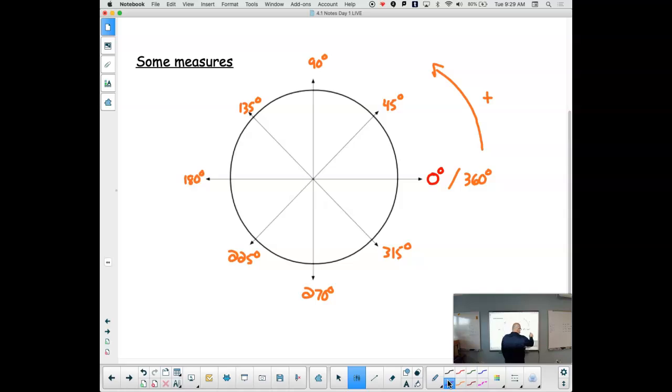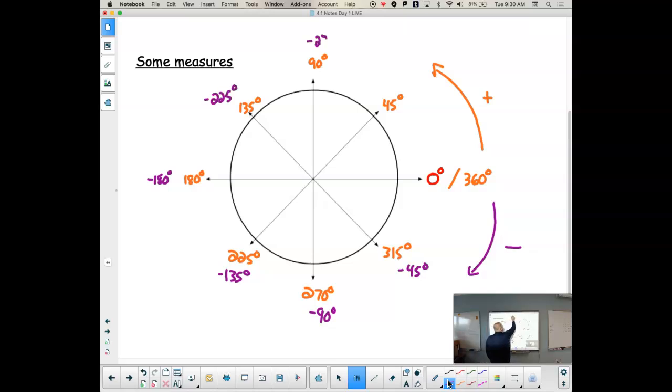We also have the negative direction. We can go around the circle in a negative fashion. So then this would be negative 45 degrees, negative 90 degrees, negative 135 degrees, negative 180 degrees, negative 225, negative 270, negative 315, negative 360 degrees.